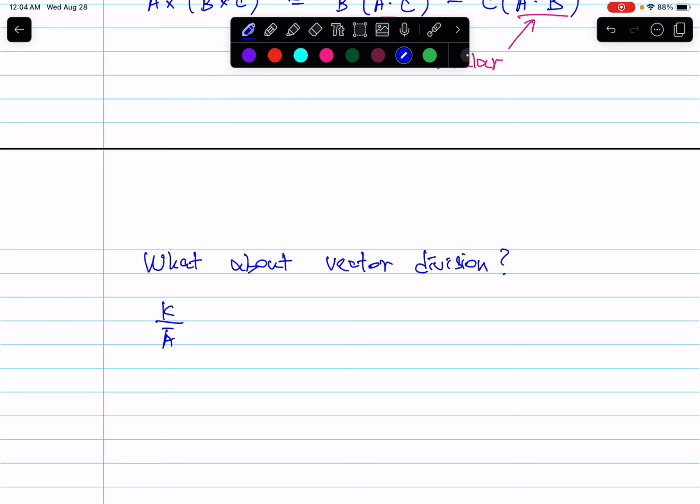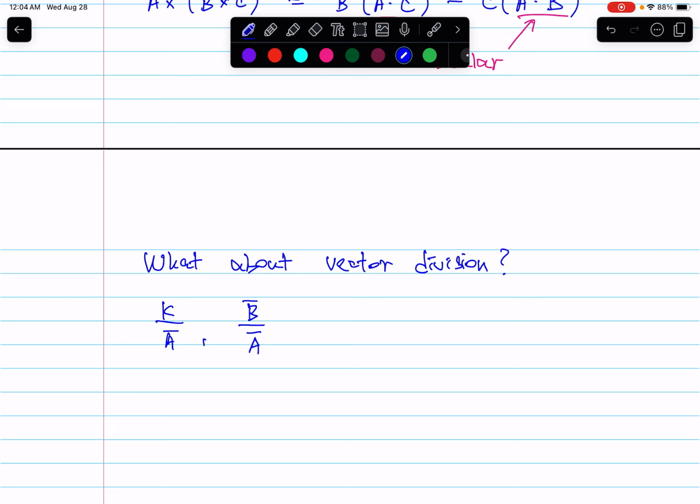Okay, scalar divided by a vector, K over A. Okay, or something like vector B divided by vector A. Okay, those are the things we can think about. But these are meaningless. There isn't any definition for vector division.